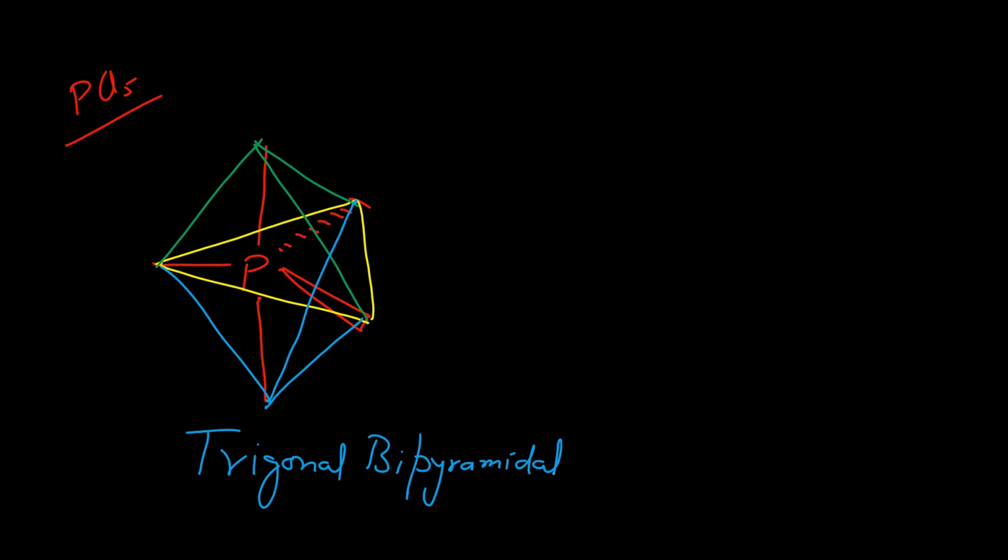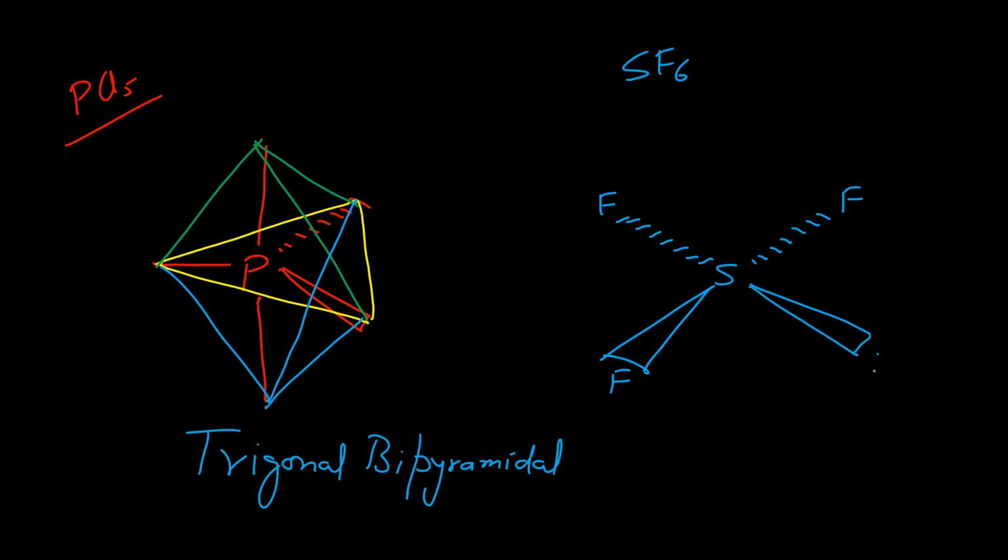Now octahedral is also known as square bipyramidal. For octahedral, say SF6. Sulfur is there, with one fluorine, another fluorine, one fluorine towards us, another fluorine towards us.